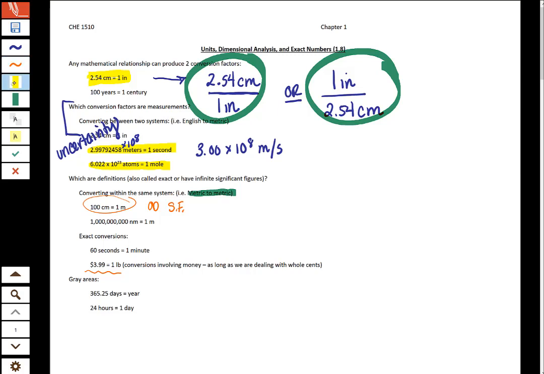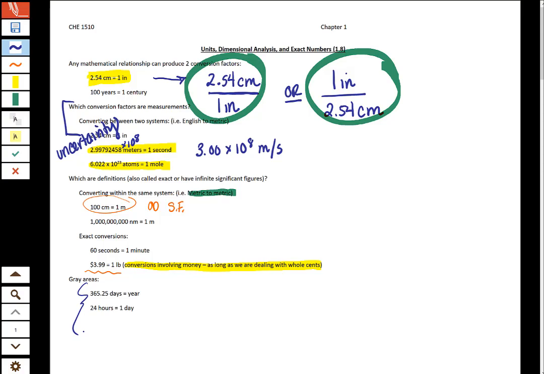So that's why there's this stipulation down here, conversions involving money, as long as we're dealing with whole cents, would be something that's exact. And here at the bottom, I have some more gray areas, and you don't have to be too concerned about the gray areas, as I am not someone to ask you to remember all the crazy little discrepancies throughout chemistry.